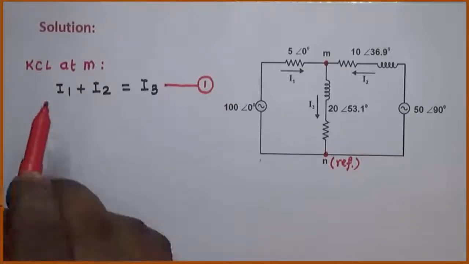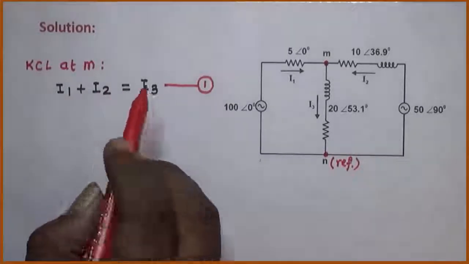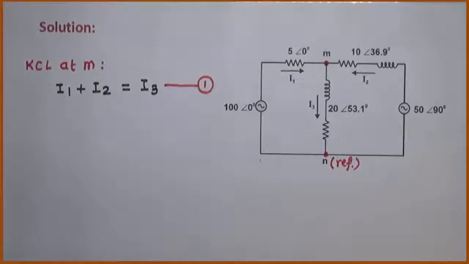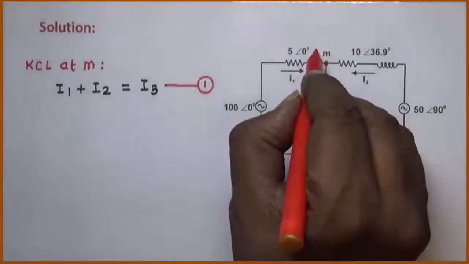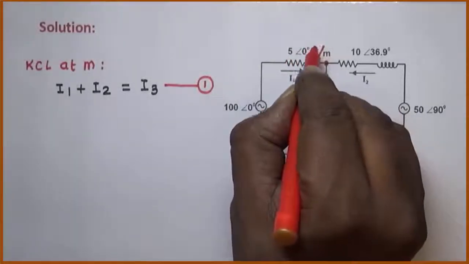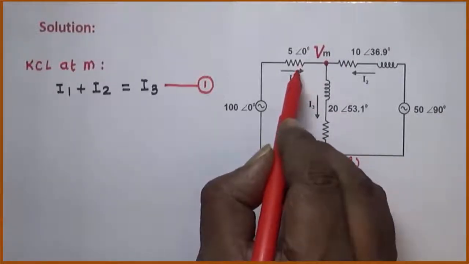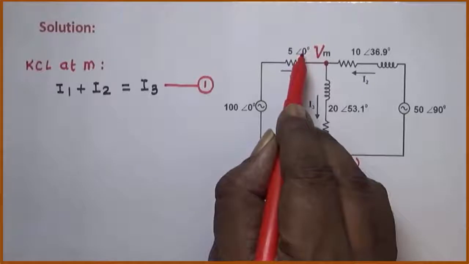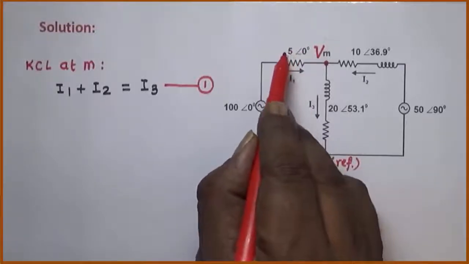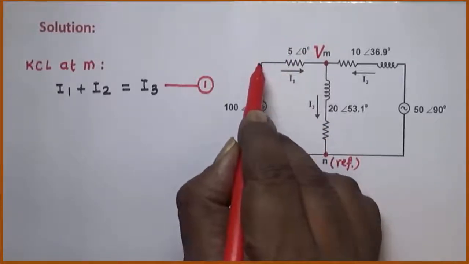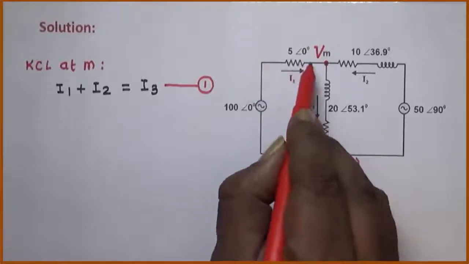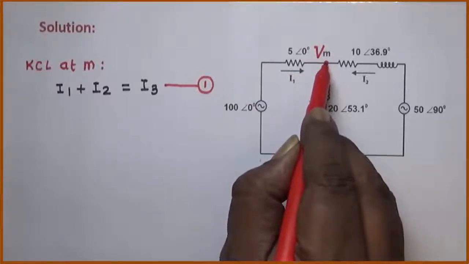Now, let us express I1, I2, I3 in terms of voltages. For that, say that this voltage here is Vm. Then current I1 is the current flowing through 5 angle 0. One terminal of this 5 angle 0 is connected at 100 angle 0 and the second terminal is connected to Vm.